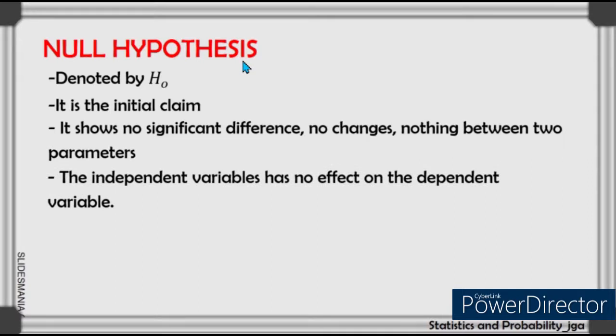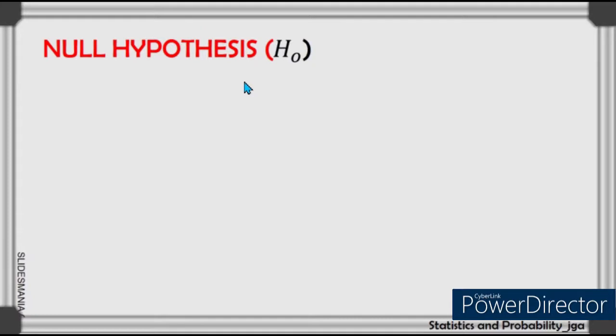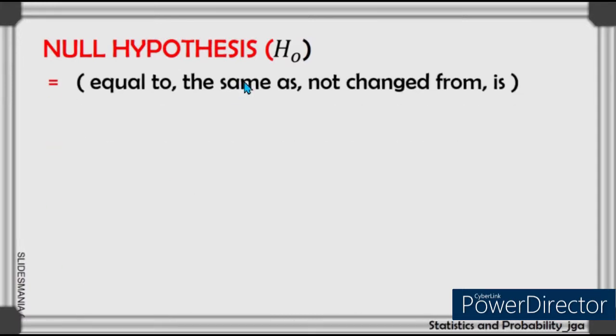So, if we are going to write it in mathematical terms, the null hypothesis is equal to some value. Take note that in the null hypothesis, the keywords we need to look for are equal, the same as, not change from, and is.